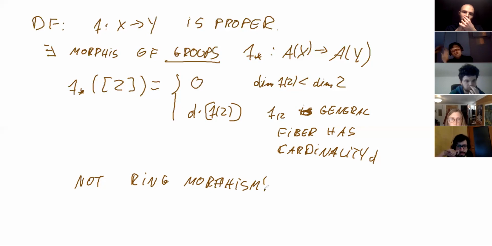If the image of Z is of smaller dimension than Z, then by definition we put the push forward to 0. And if the image is of the same dimension as Z, we need to look at the cardinality of a general fiber. So what we should imagine is that we have this image of Z and a few copies of it upstairs, d copies. And then we put the push forward of Z to be d times the class of f(Z).